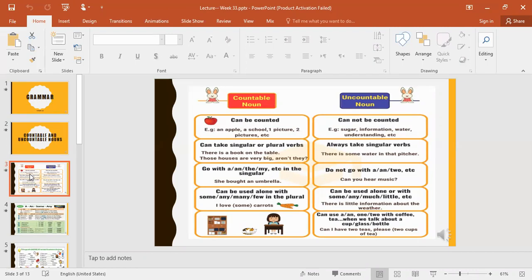So with uncountable nouns, I can use these in case we are using cup, one or two, glass or bottle and so on. Okay, so these are the differences between countable and uncountable nouns, the things that we have already explained.